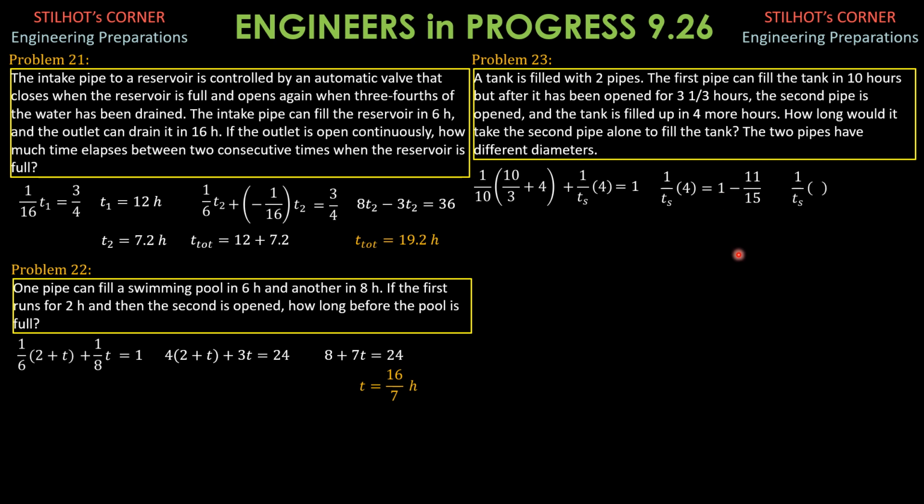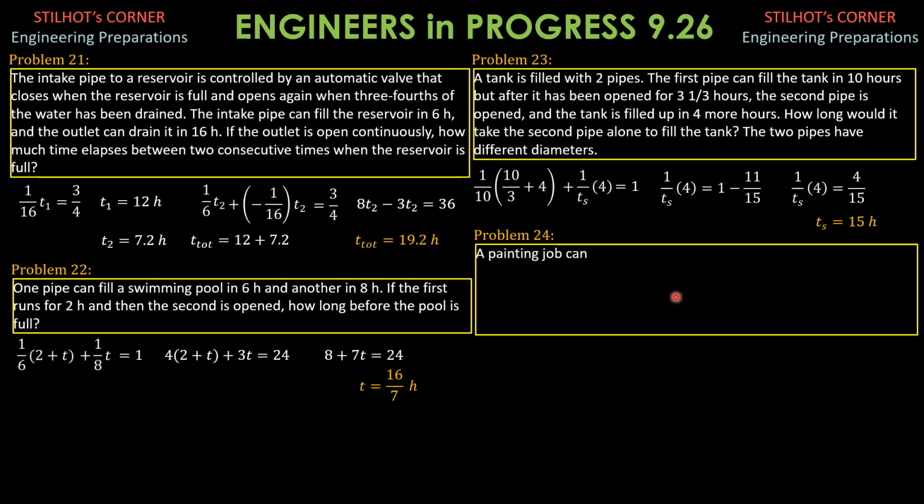So 1 over T sub S times 4 equals 4/15. We can cancel 4 and cross multiply, so T sub S is 15 hours. That means the second pipe open alone can fill the tank in 15 hours.